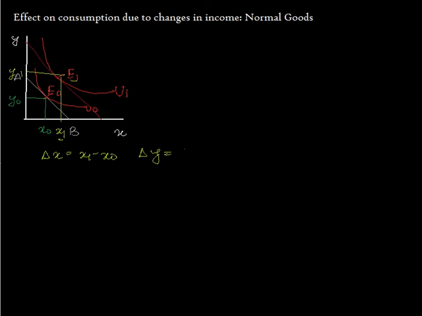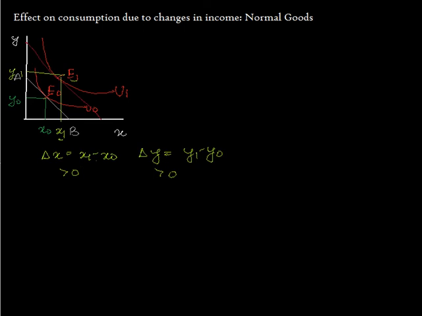Which is Y1 minus Y naught, and both of these are positive. That means when income has increased, the consumption of both of these goods has increased. So when income increased from M0 to M1, the quantity of X demanded increased from X0 to X1, and similarly, the quantity of Y demanded also increased from Y0 to Y1.